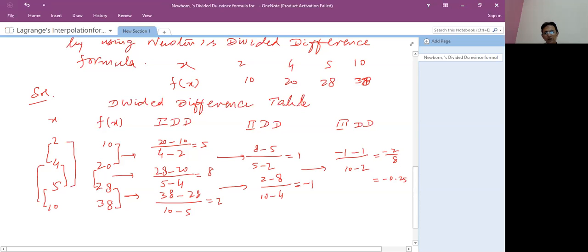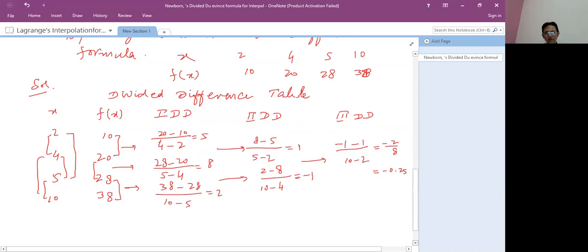So after making the difference table, we will apply it. So student, what is f of x naught? It is f of x naught, f of x naught comma x1, f of x naught comma x1 comma x2, and the last value is called f of x naught, x1, x2, and x3.